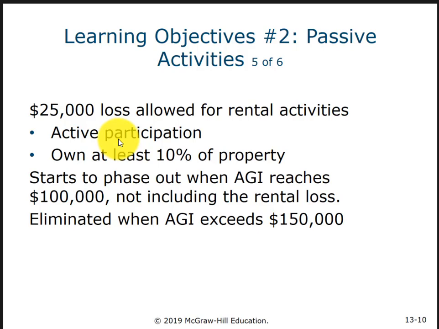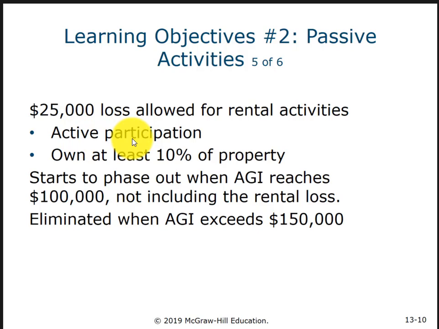You must at least have active participation. Now, I know we use the same term in the tax law as the difference between active and passive, but this active participation is not the same definition as material participation. This is just active participation.